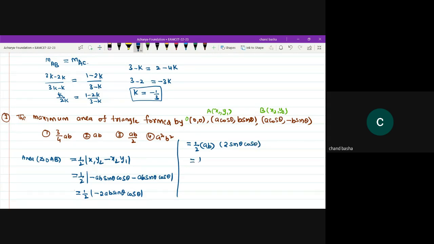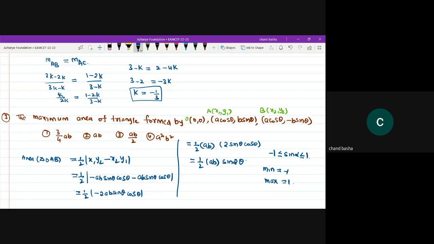For maximum area, that is AB, is it sin 2 theta? What is the maximum value of the sine function? Sine alpha is less than or equal to 1. The minimum value of the sine function is -1, and the maximum value is +1.